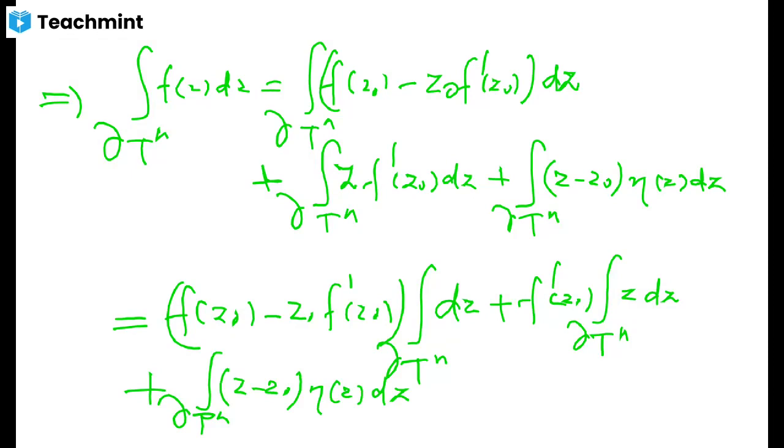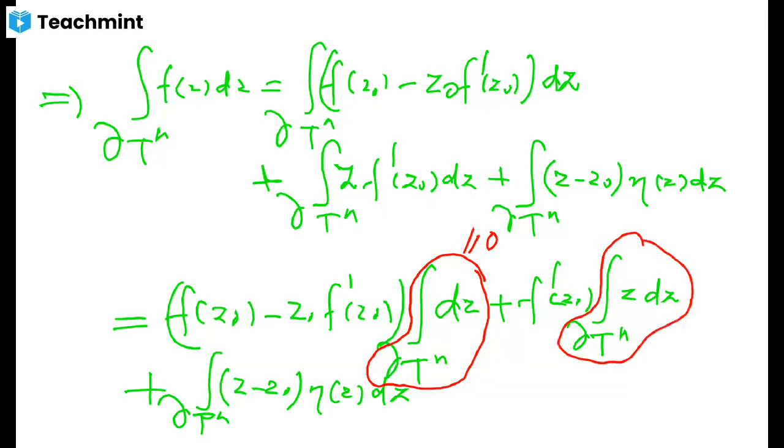But look at the first two integrals. These are integrals over a closed contour. This is the boundary of a closed contour, and it's zero. You might have seen it from line integral properties, and also the integral of z dz, you just integrate it over the triangle, it is also going to be zero. These are elementary integrals that you must calculate by yourself, and you must have seen them in line integrals also. So the values of these two integrals are zero.